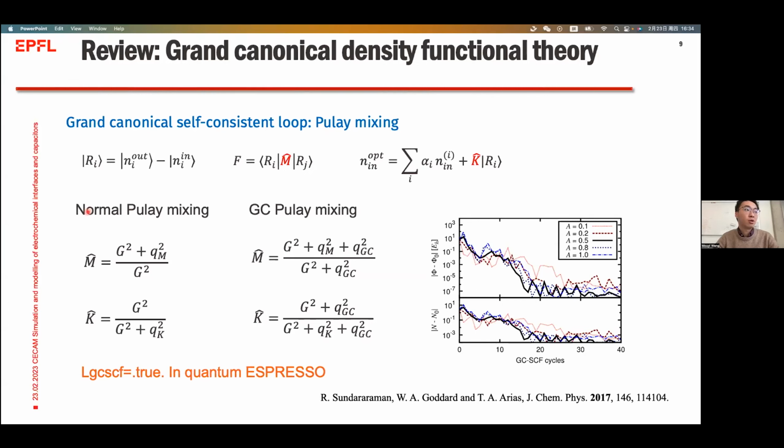With the normal Pulay mixing method, people can change it to a grand canonical way, in which during each self-consistent step the number of electrons can be changed, and the target chemical potential can be achieved after several loops of self-consistent calculation in DFT.